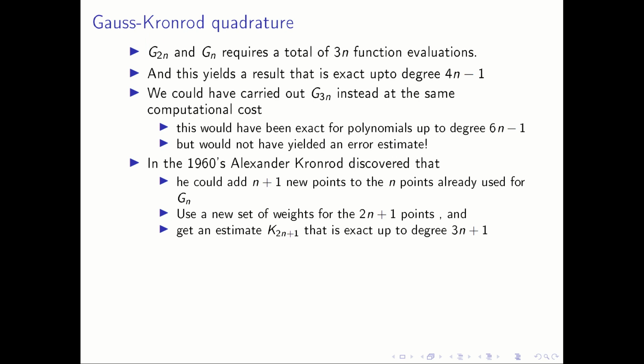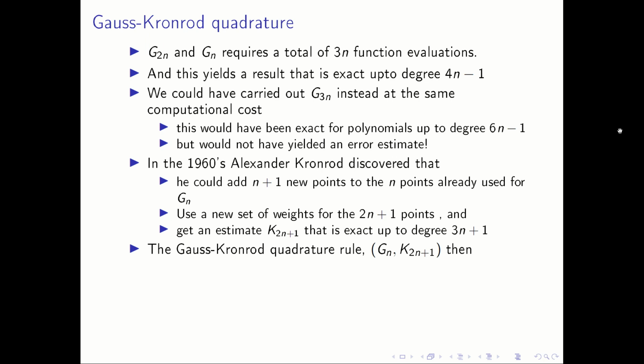So what Kronrod managed to do was reuse the function values that were already being used for Gn and get a more precise estimate of the integral.